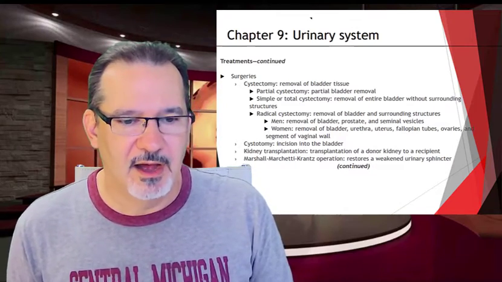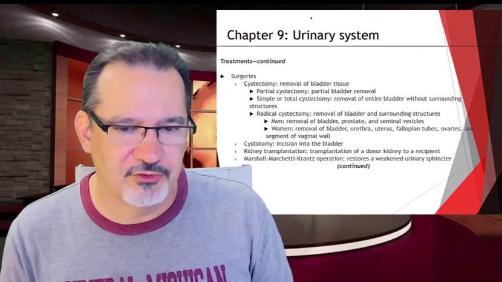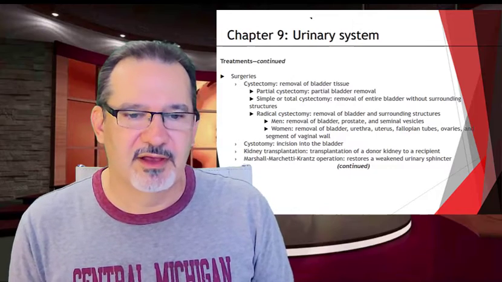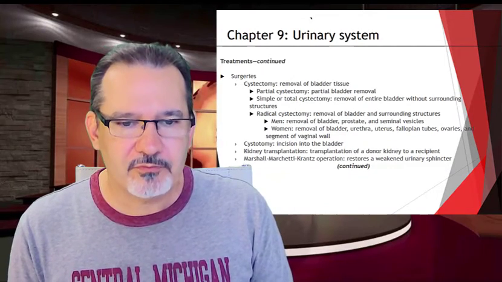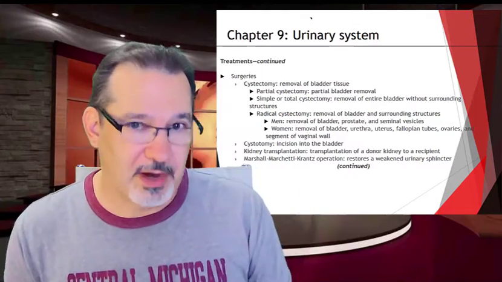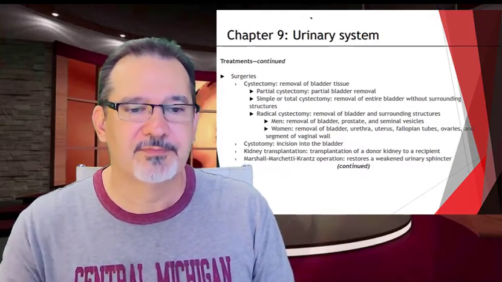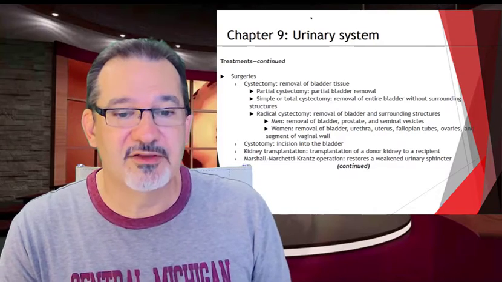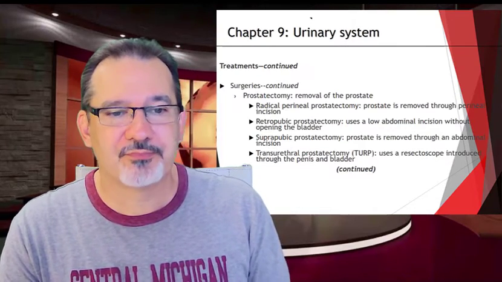Okay. Different types, simple versus total. Radical cystectomies. Radical is talking about removing the bladder and some of the surrounding structures around the bladder, so that's pretty serious. Okay. Cystotomy is making an incision in the bladder.